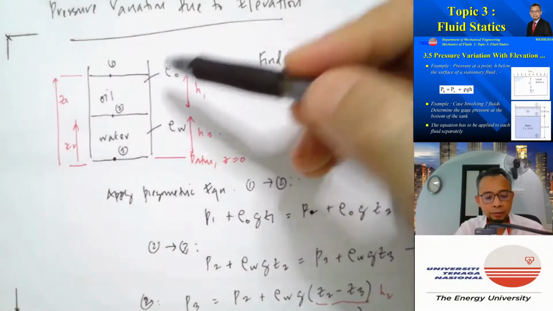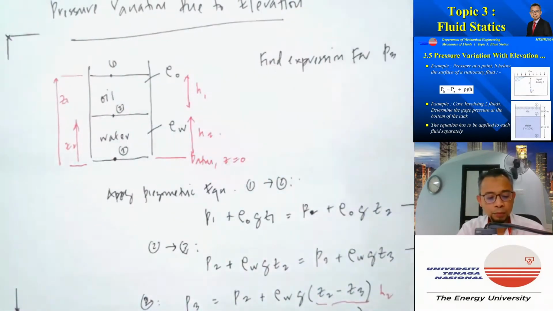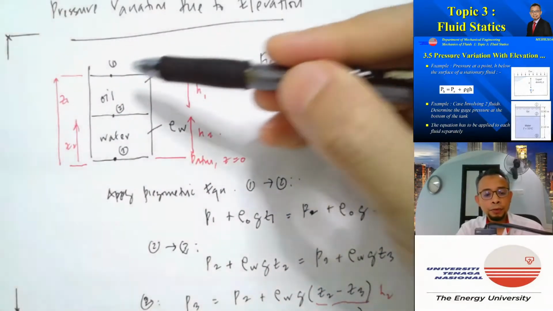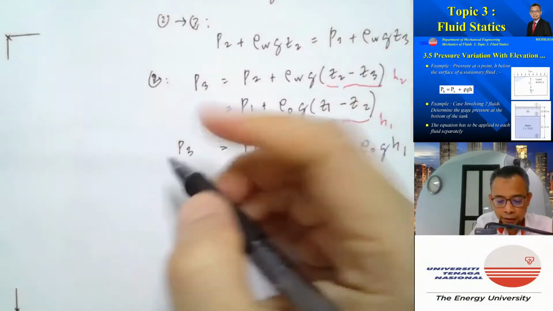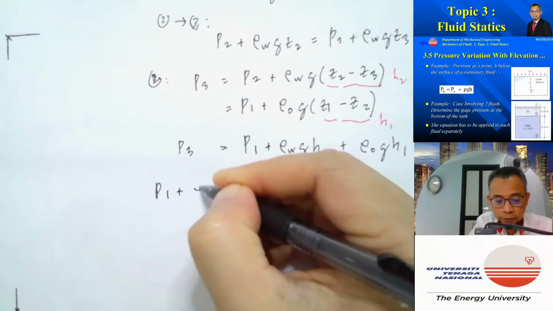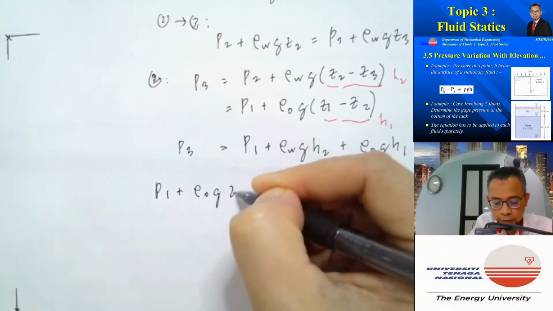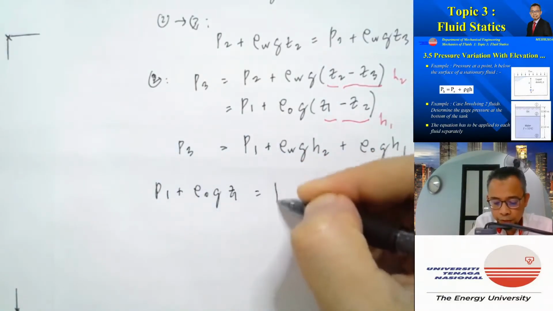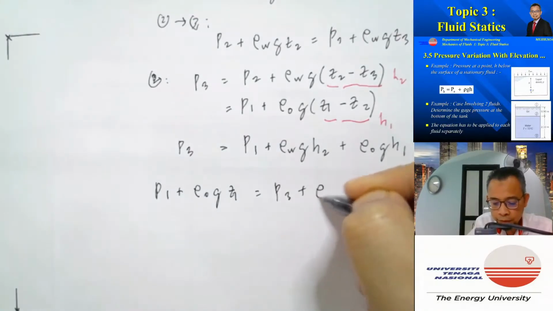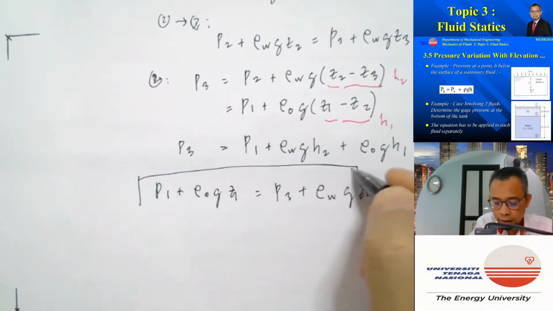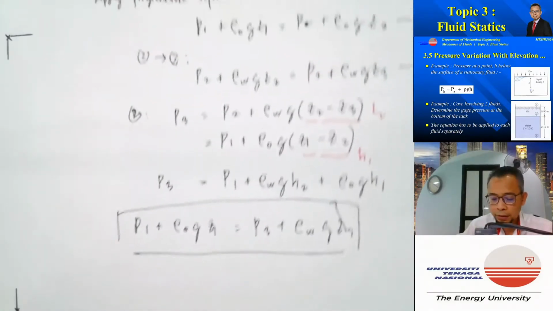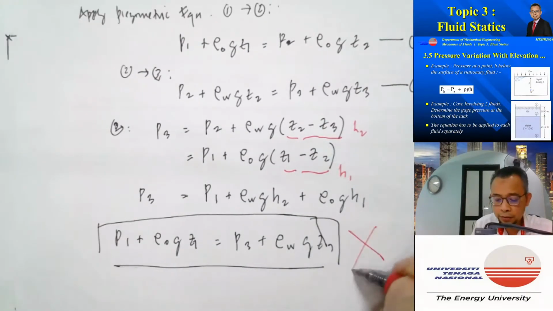Here we can apply from 1 to 2 and then from 2 to 3. We cannot apply the equation from 1 to 3 directly. So we cannot write P1 plus rho oil G Z1 is equal to P3 plus rho water G Z3. This is wrong.